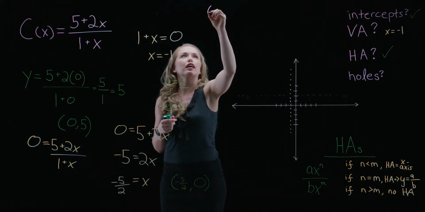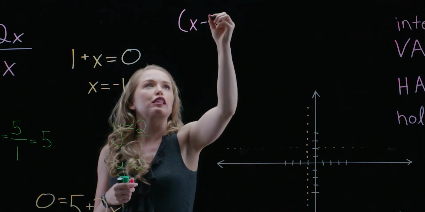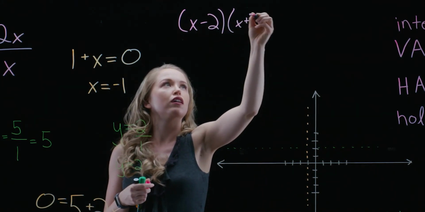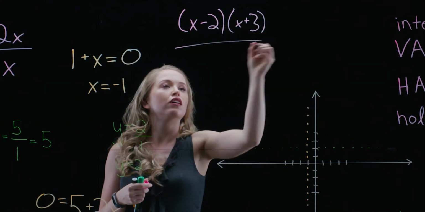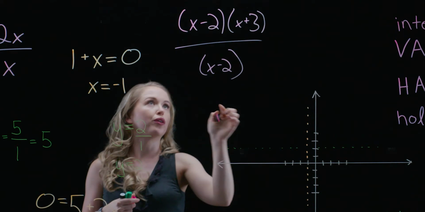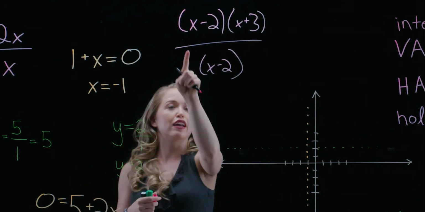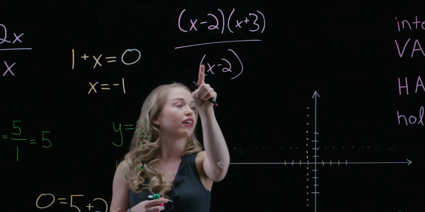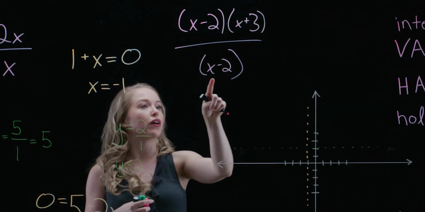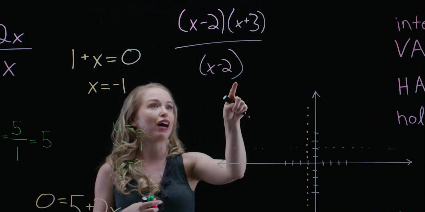If I would have wound up with x minus 2 on the top, so here, for example, if I would have looked at this denominator, I would have come to the conclusion that x cannot equal 2, because that will give me a 0 in the denominator, which I know is not allowed.